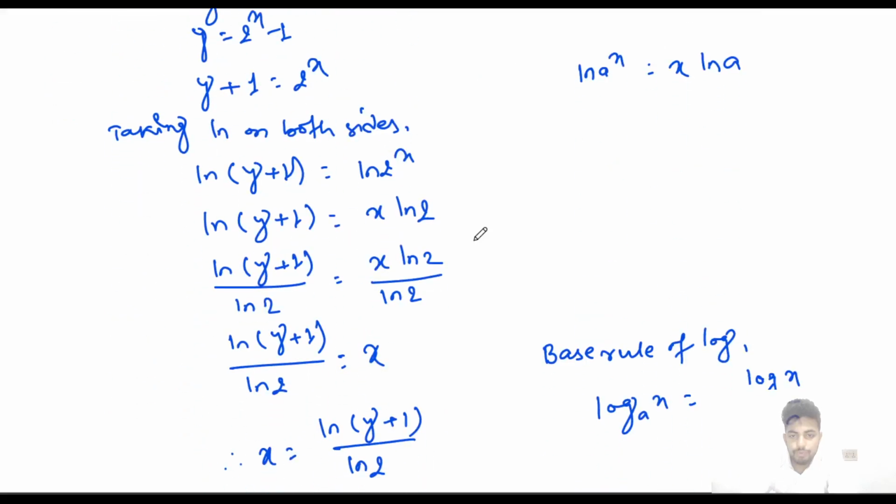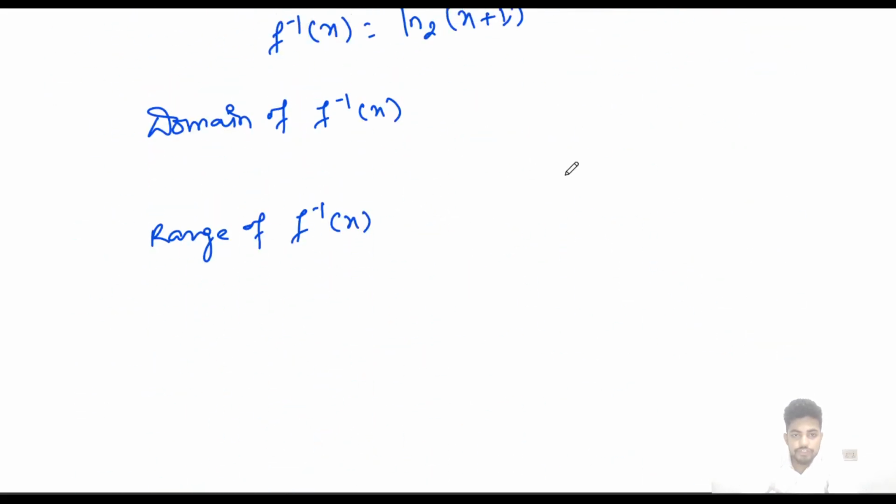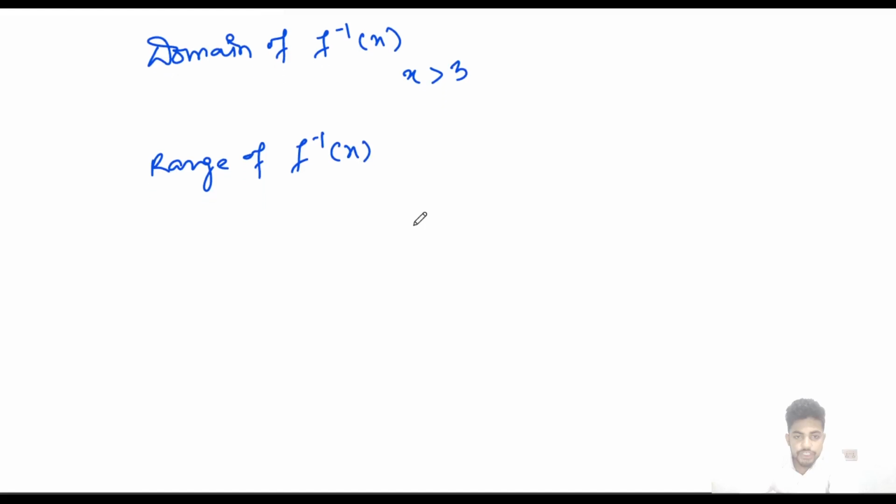So for the inverse function, its domain is x greater than 3 and its range is greater than 2. So this is the domain of f inverse x and this is the range of f inverse x.